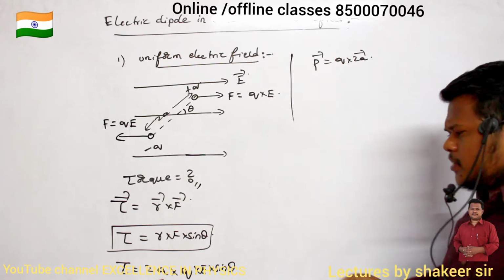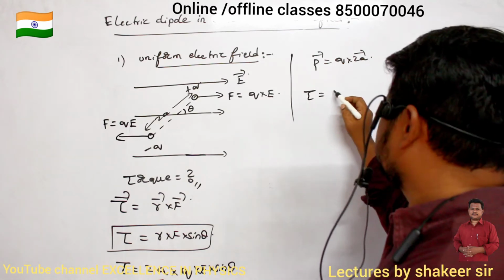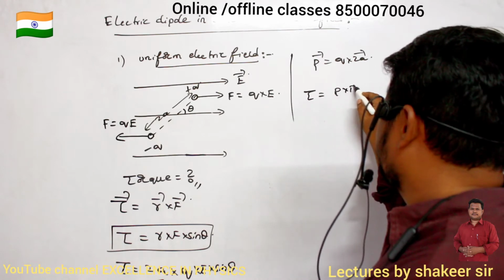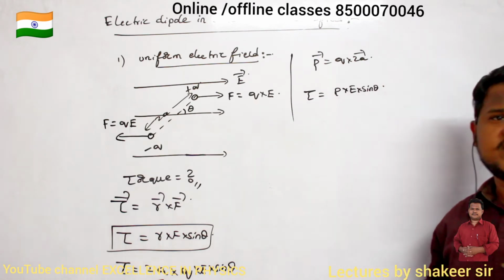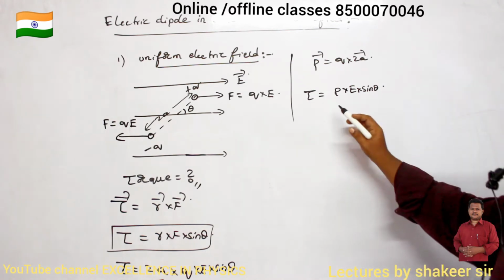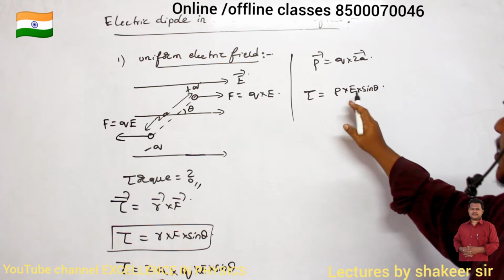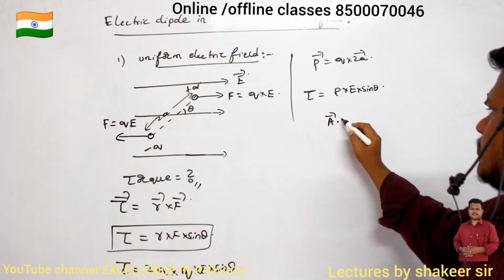Are you able to understand? So therefore, how can I write torque? Torque can be written as P into E into sine theta. Are you able to understand? So this is the form of AB sine theta. So in cross product, what will we study?